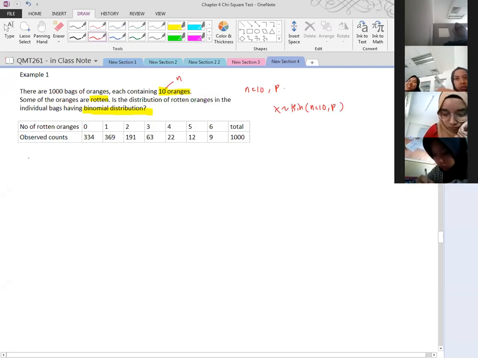So now the null hypothesis should be the data follow a binomial distribution. The count of rotten orange follows a binomial distribution.